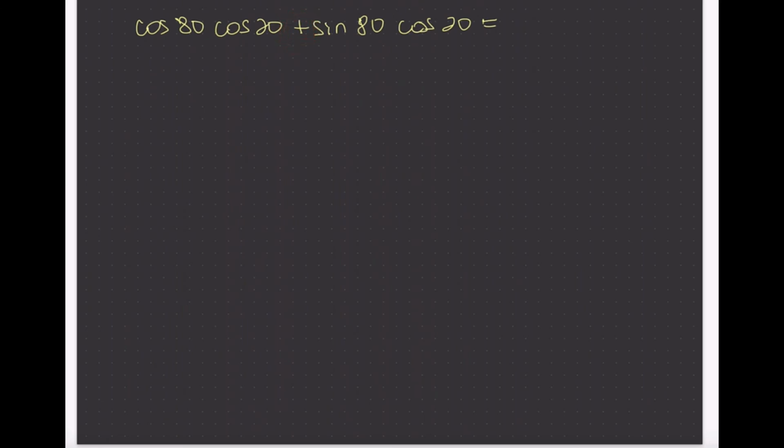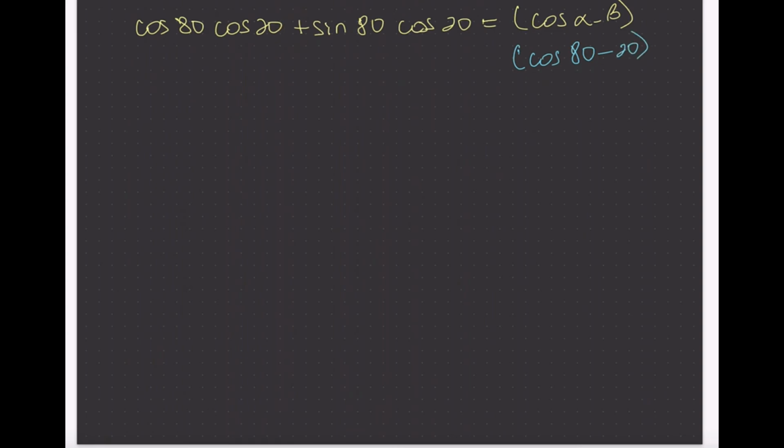So this is the same thing as the cosine of alpha minus beta, right? So what's my alpha going to be? Yep, 80 minus my beta, 20.